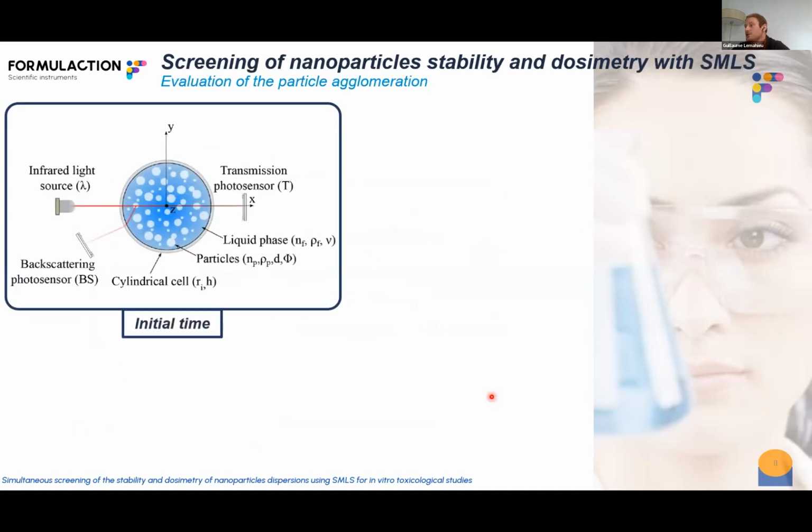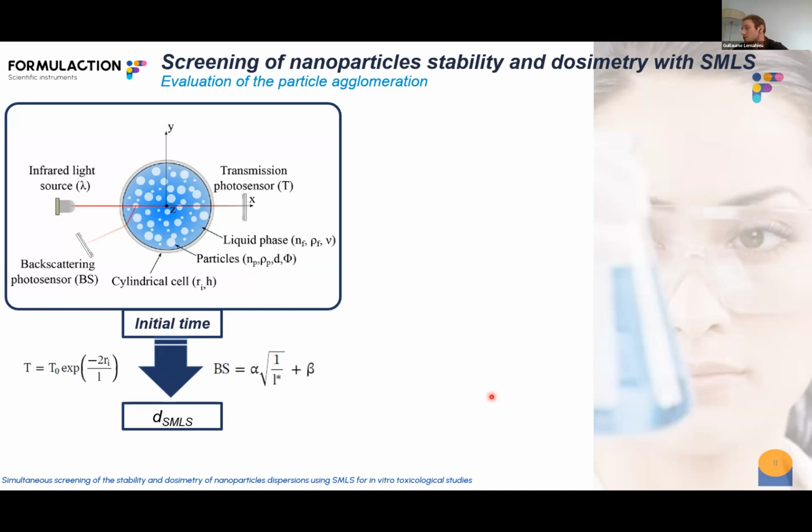So in fact, at initial time, you will have a sample which is quite well dispersed, and so a homogeneity of the concentration around the sample. By applying directly the Mie theory, you can convert the transmission or the back scattering signal you have into a mean diameter of particles, the initial mean diameter, so determined by static multiple light scattering.